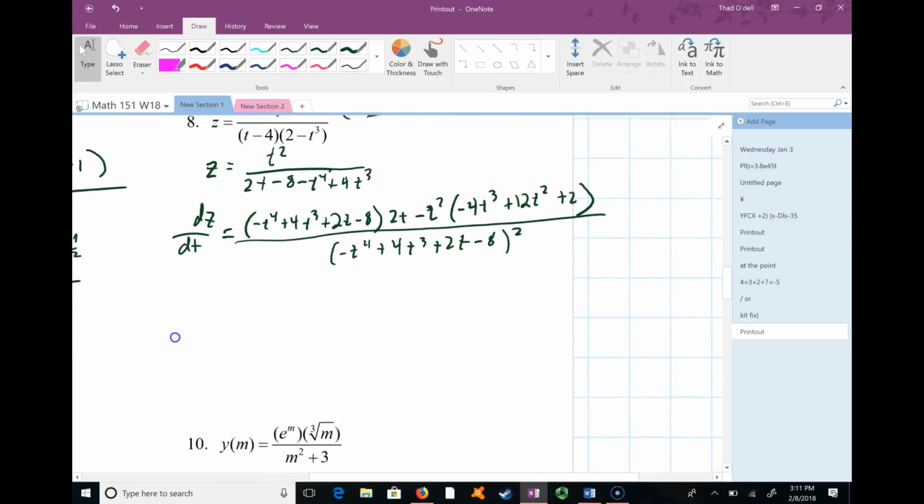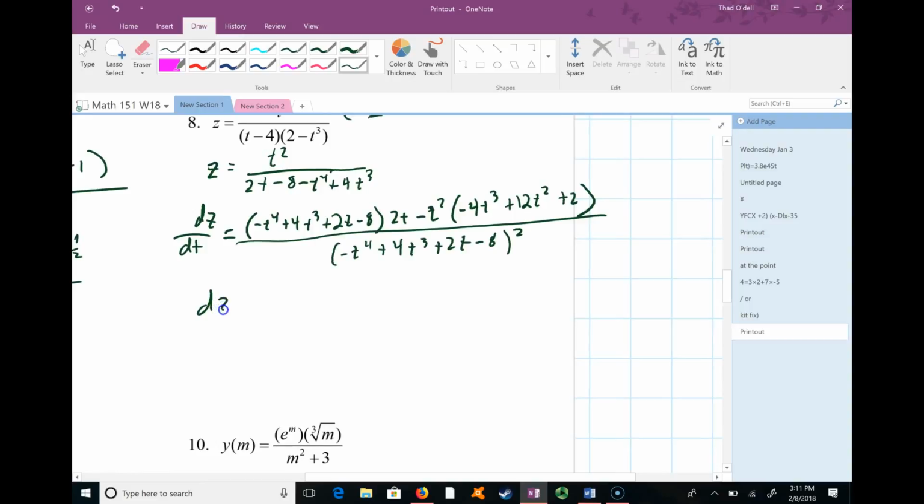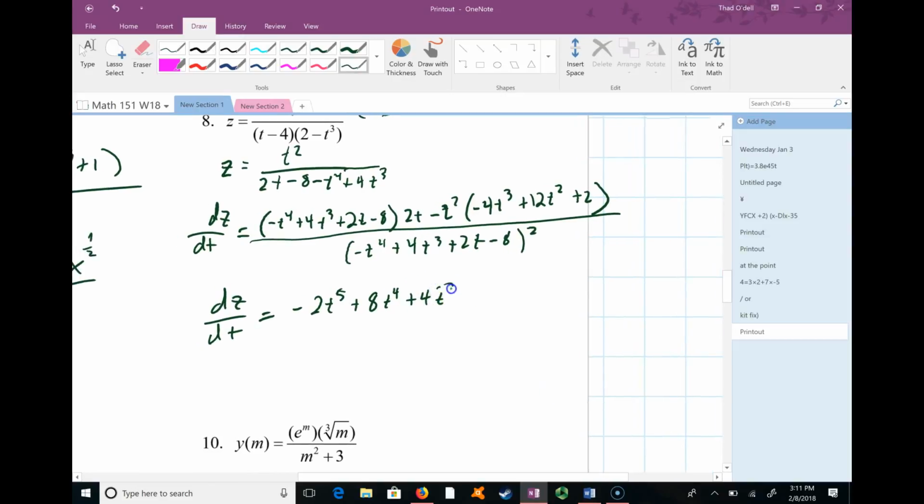Of course, we could clean this up a fair amount. So dz dt is equal to, let's see, if I multiply the 2t through, I get negative 2t to the fifth plus 8t to the fourth plus 4t squared minus 16t.